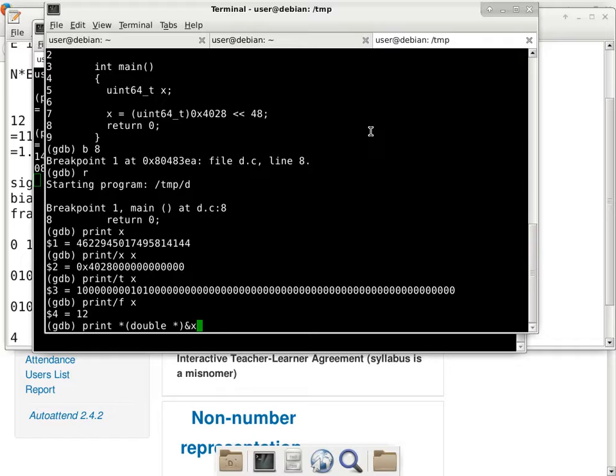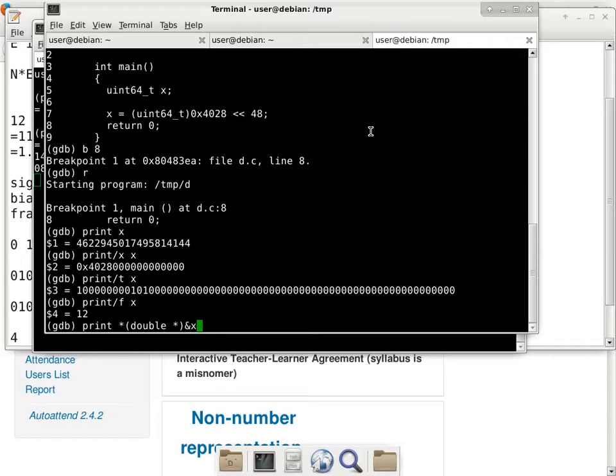All right. So we start with x, and then we take the address of x. But x is a 64-bit unsigned integer, and the address of that is an address of a 64-bit unsigned integer. But that's okay because the typecast operator is applied to the address. In other words, I'm telling the compiler, hey compiler, I know what I'm doing.